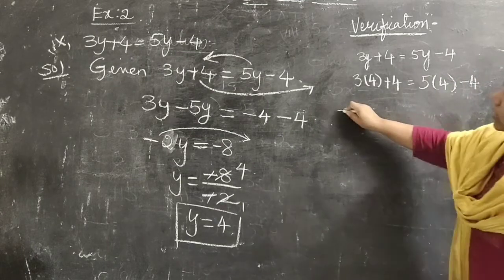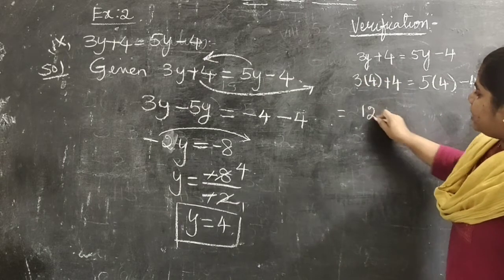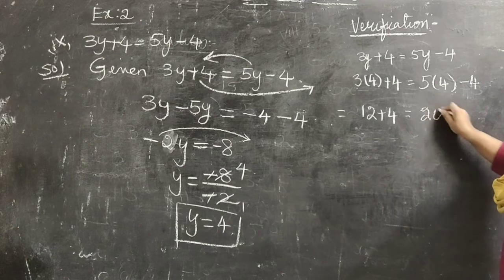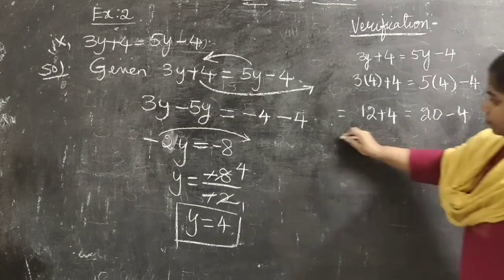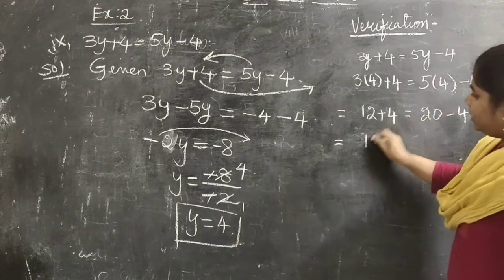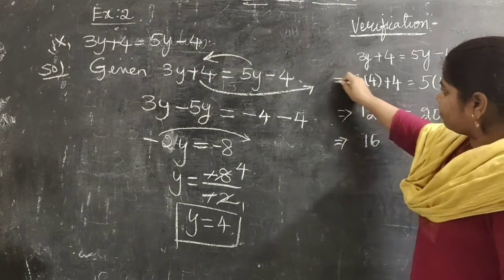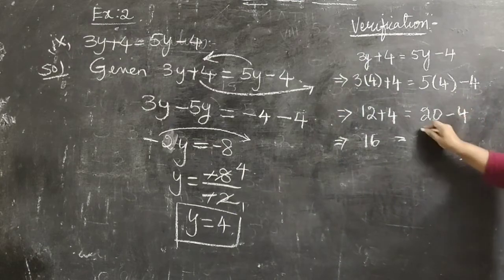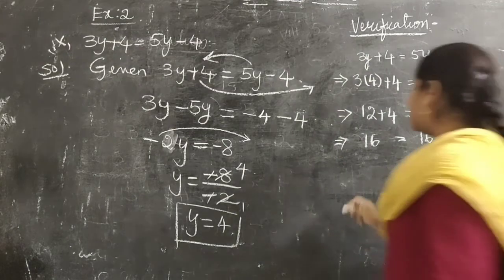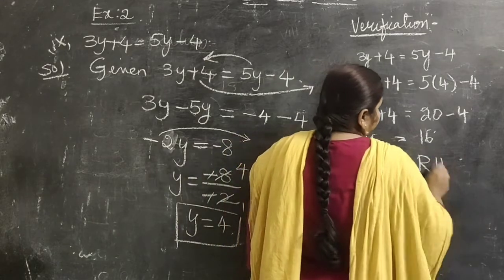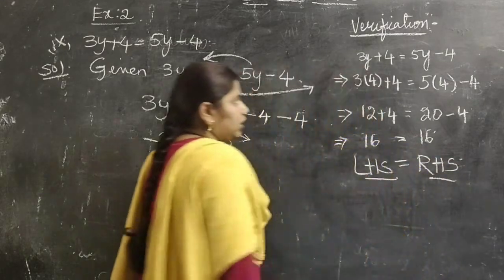So multiply this. 3 fours are 12 plus 4 is equals to 5 fours are 20 minus 4. 12 plus 4 will be 16 is equals to 20 minus 4 is 16. So we got LHS is equals to RHS. So what we got, the result is correct.